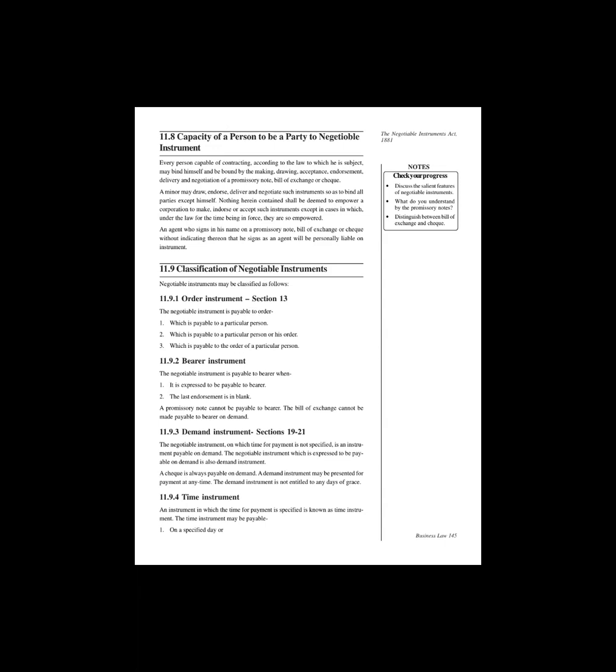The order instrument is payable to order. First is which is payable to a particular person. Next आहे त्या ठिकाणी which is payable to a particular person or order, and third which is payable to the order of a particular person.